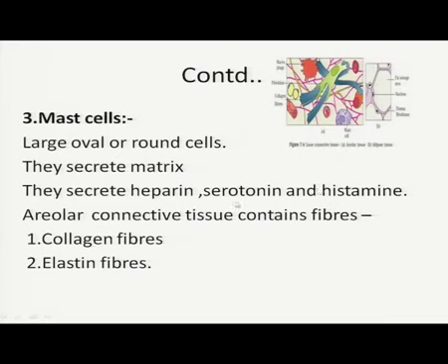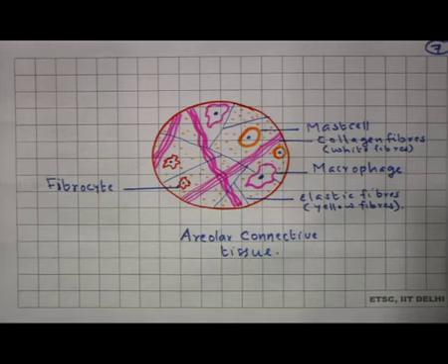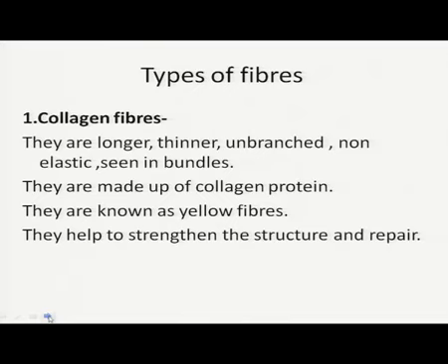They help in secreting three components: heparin, serotonin and histamine. Areolar connective tissue contains fibers. I have already told you, collagen fibers as well as elastin fibers. Two different types of fibers you can see here.